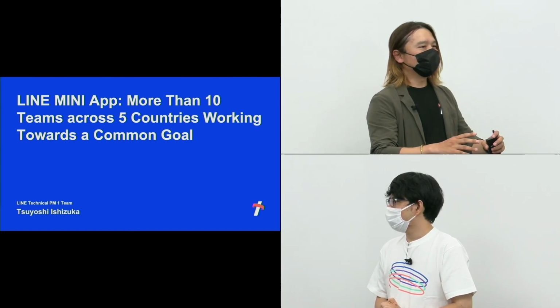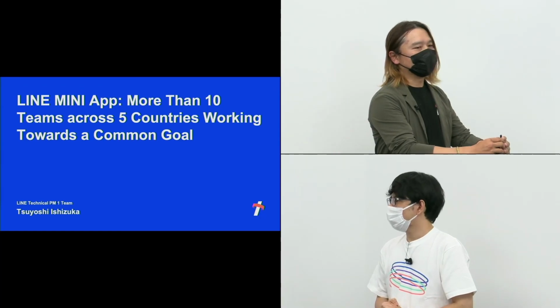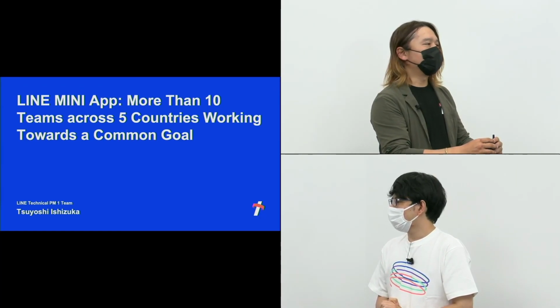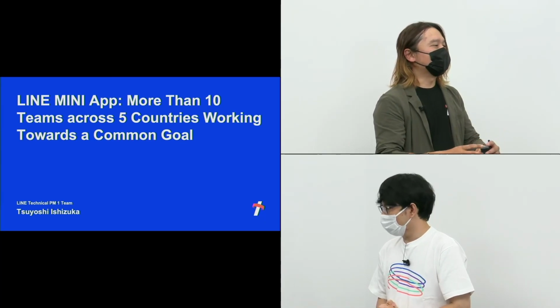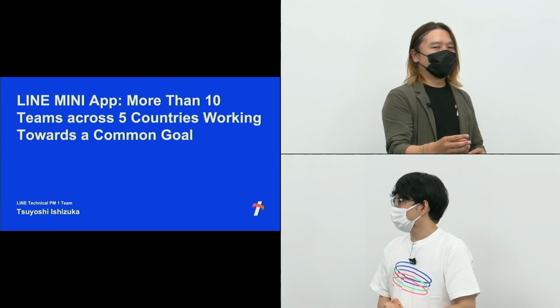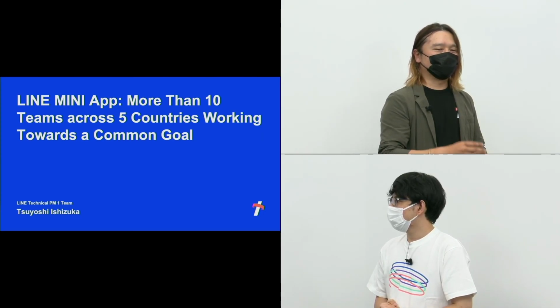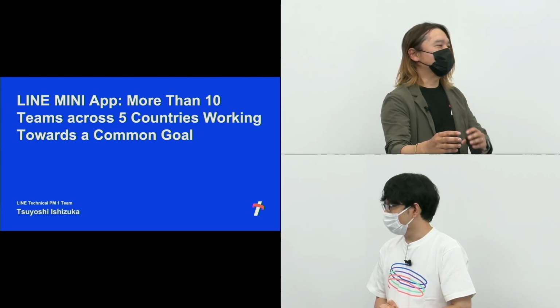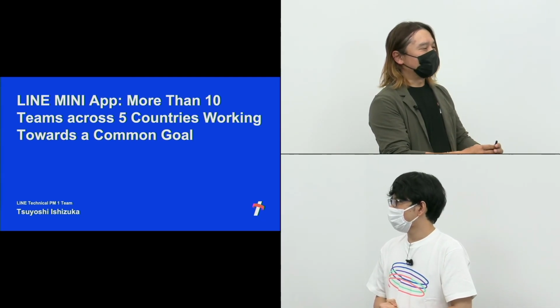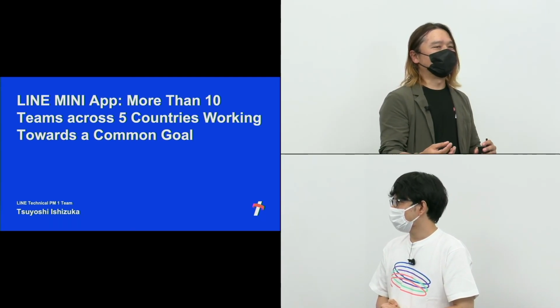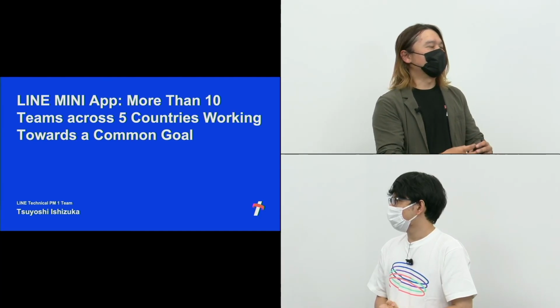But for LINE Mini App, as an example, there may be an Epic for that team, and using other components, an Epic may be developed if the size is a little bit bigger. An Epic developed by that team, and an Epic by Mini App.